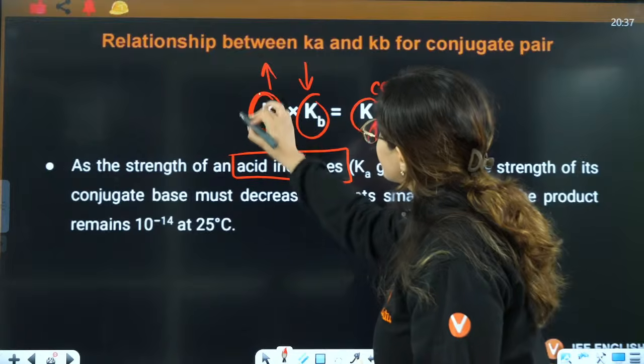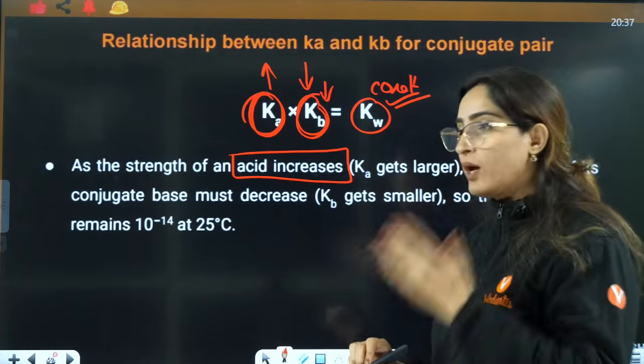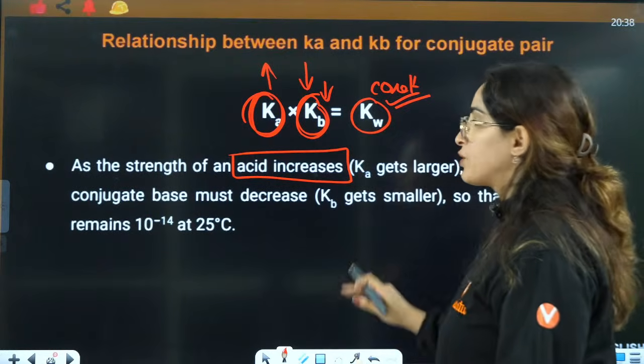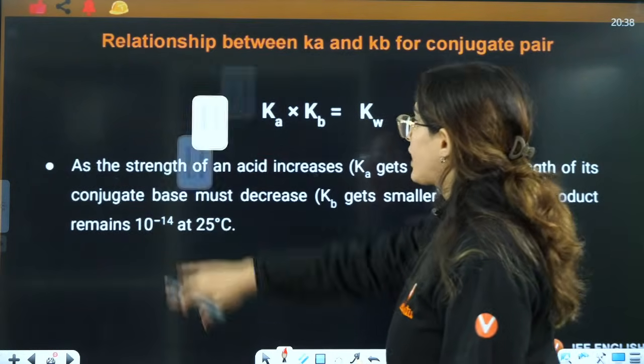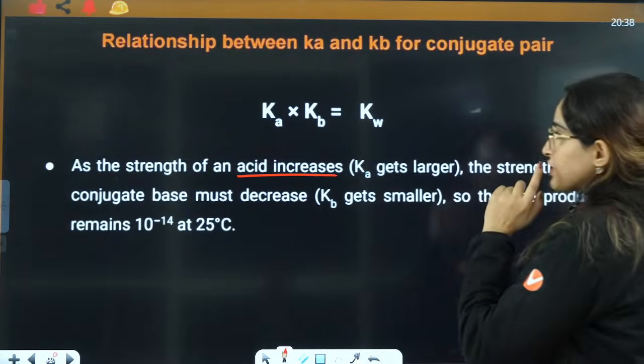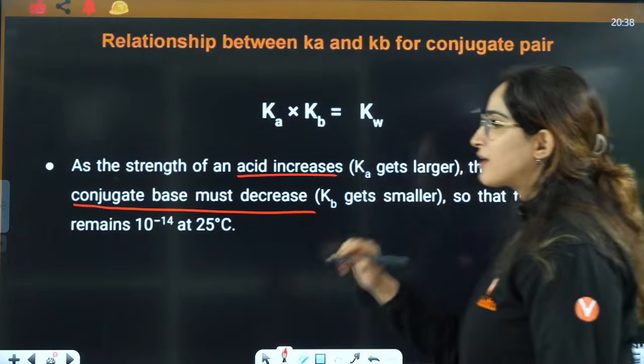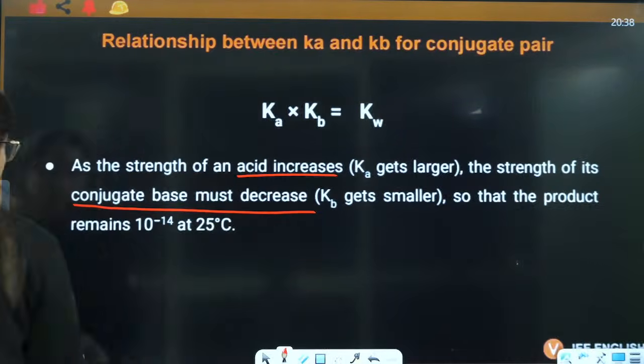So when this is increasing, this will decrease, and hence its basicity is going to decrease, right? So as the strength of an acid increases, the strength of its conjugate base must decrease, so that the product remains constant here.